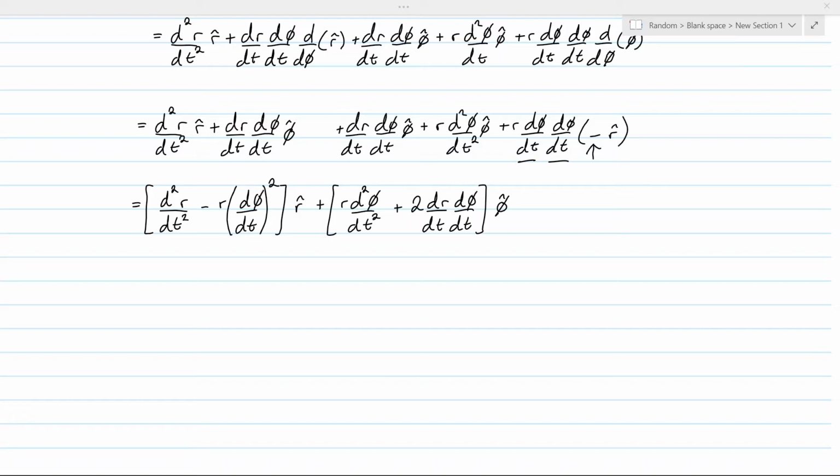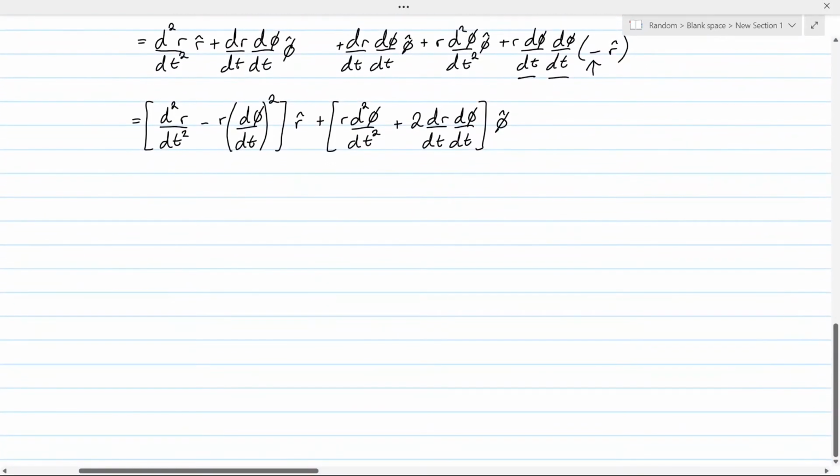The next thing to do is to multiply everything by a mass.